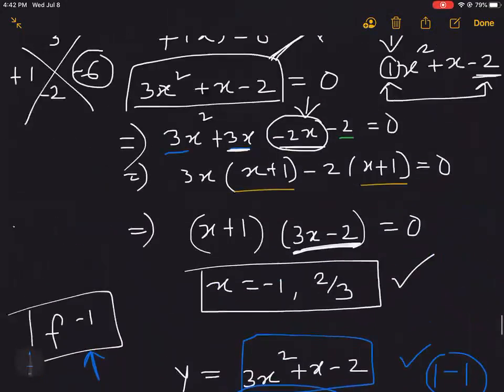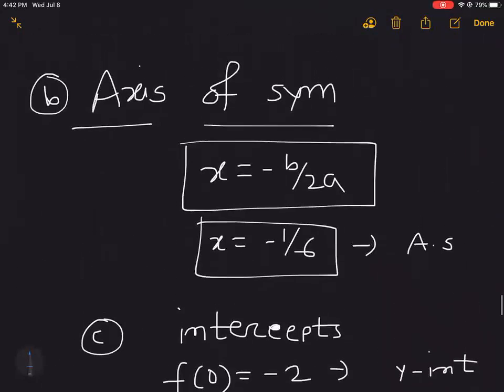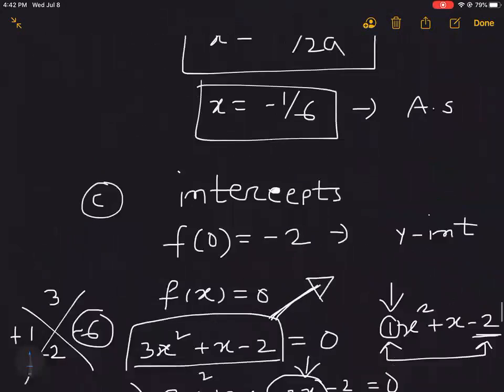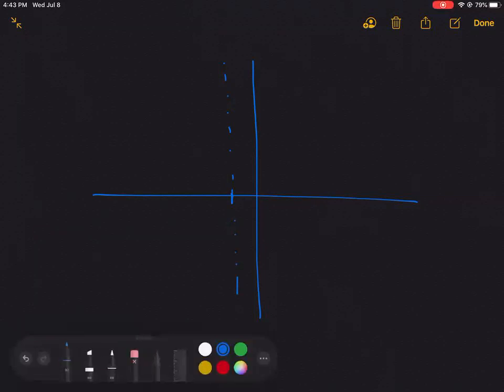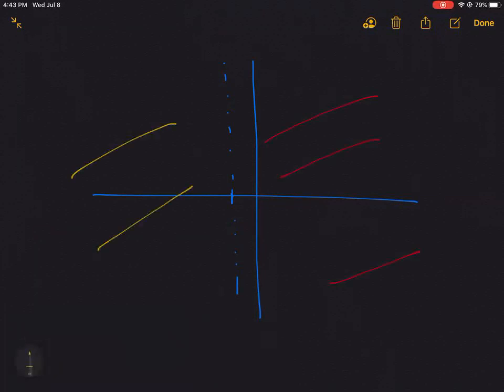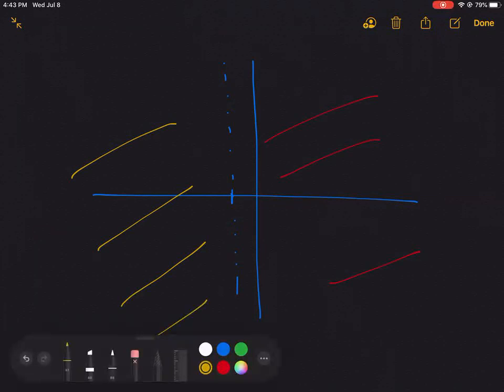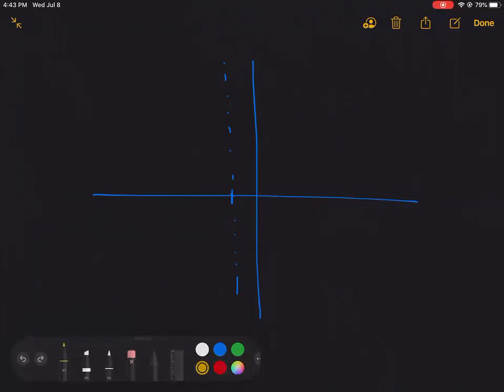So let's quickly do what information we have. So we have x equals -1/6, which is somewhere here. Let's say that's my -1/6. We have the axis of symmetry here, right? So that means the graph on the right of this and the graph on the left of this will be symmetric, okay? So what's the vertex?